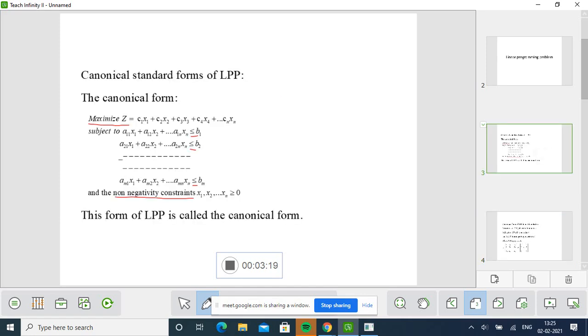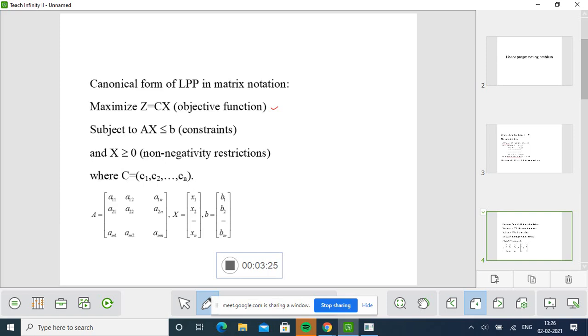Look at this slide. b is b1, b2, etc. bm, a column vector. Keeping this in mind, the problem is represented as maximize z equal to cx subject to Ax less than or equal to b and x greater than or equal to 0.